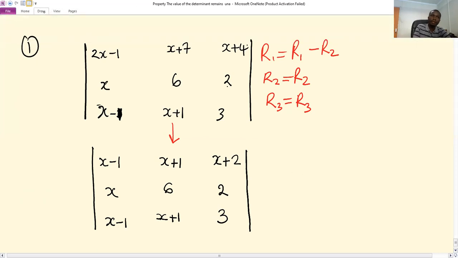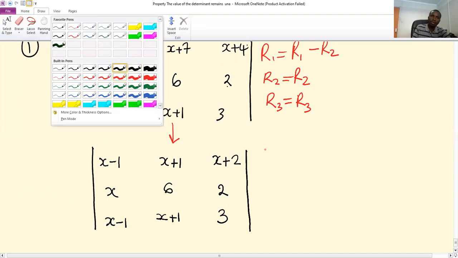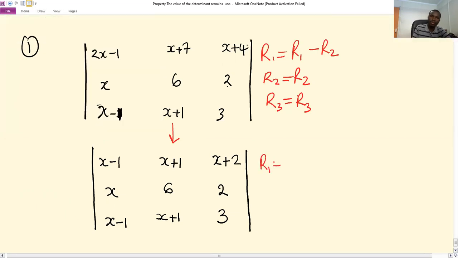So let's now say row 1 to be row 1 minus row 2, row 2 to be row 2, and row 3 to be row 3. Okay, row 1 now, so we have used 2, so let's now go to 3, row 1 minus row 3.